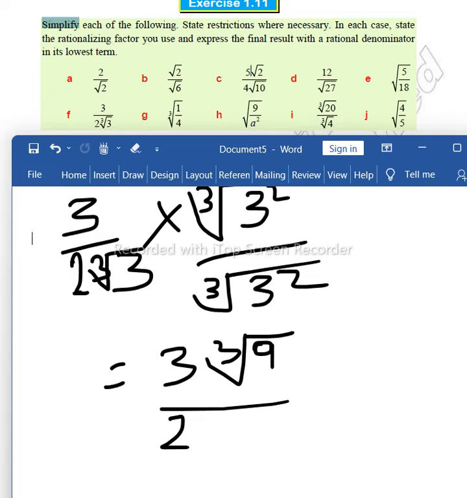We get that simply by adding the powers.